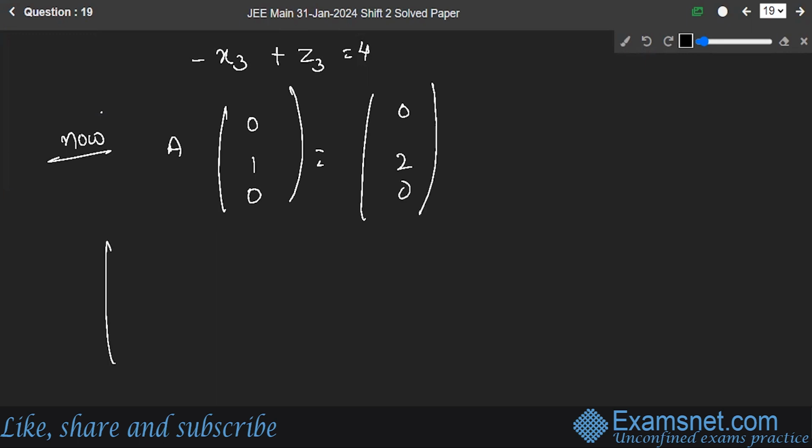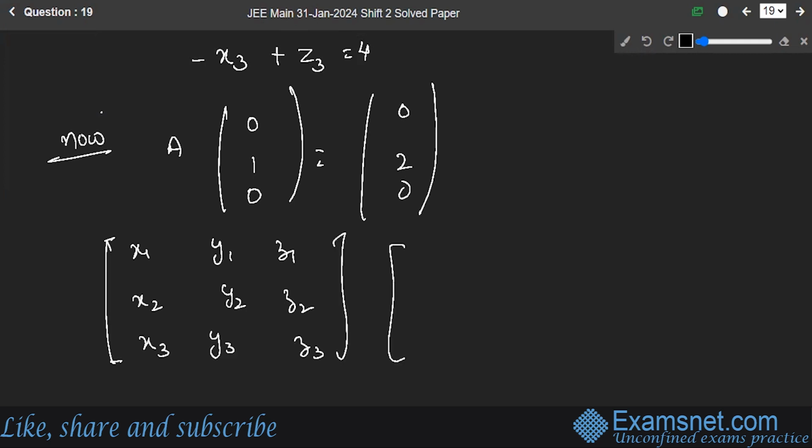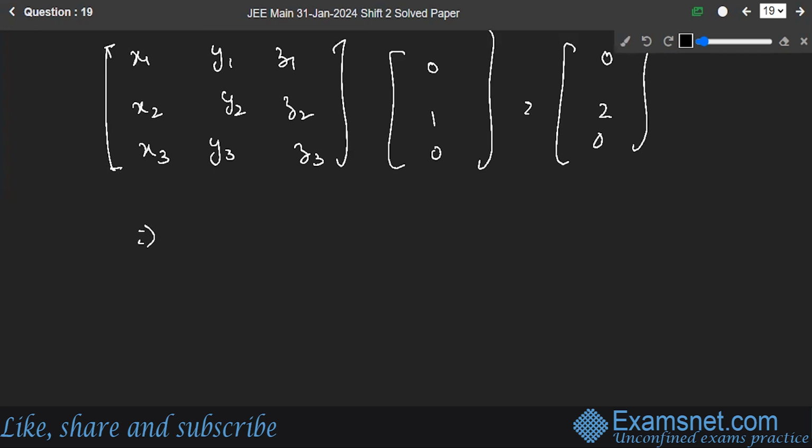So the matrix x1, y1, z1, x2, y2, z2, x3, y3, z3 multiplied by (0, 1, 0) is (0, 2, 0). On solving, this will give you the first column's y entries: y1 is equal to 0, y2 will be 2, and y3 will be 0.